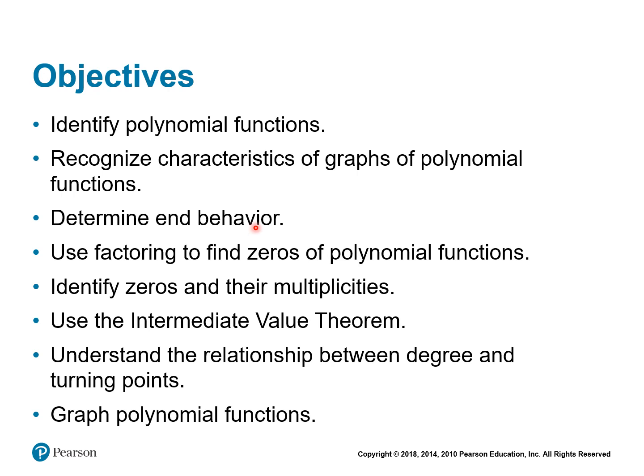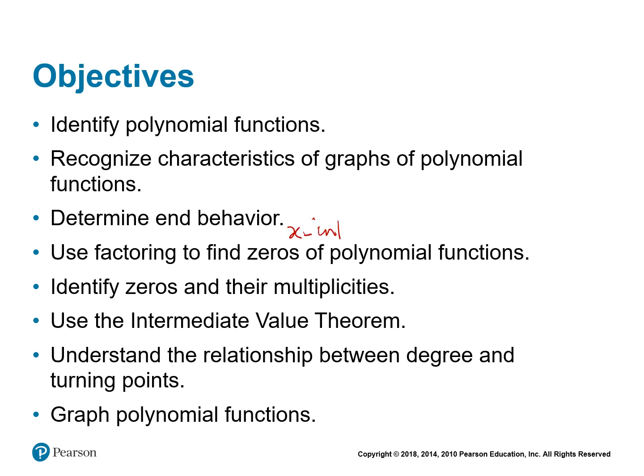That means how the graphs behave, how the graphs look at the extreme ends. Use factoring to find zeros of polynomial functions, and zeros mean where the graph will intersect with the x-axis. That's what finding the zeros means. It means the x-intercepts.